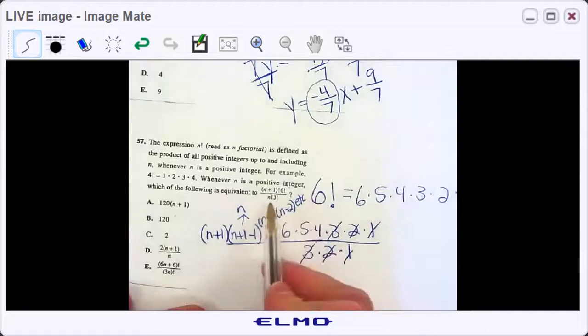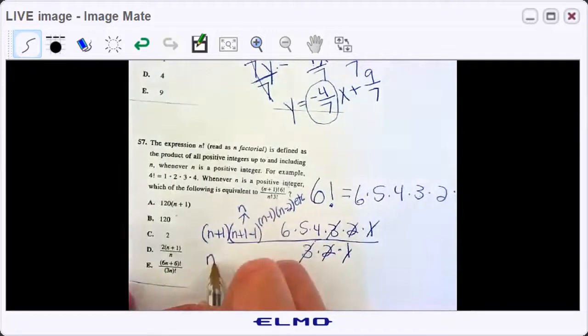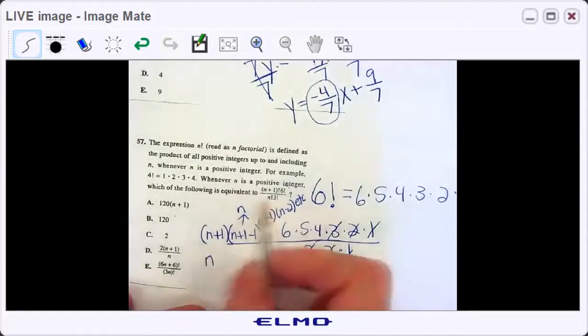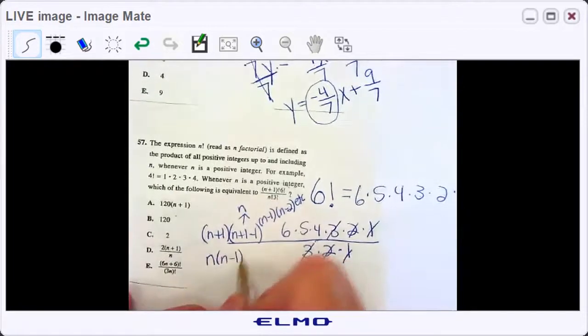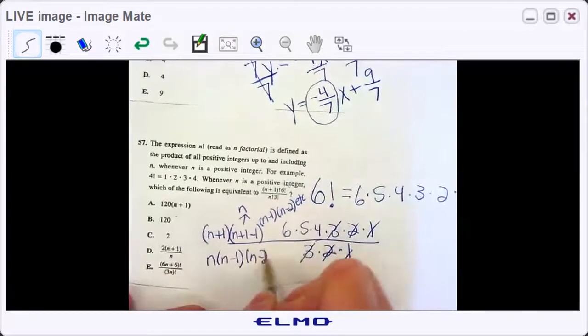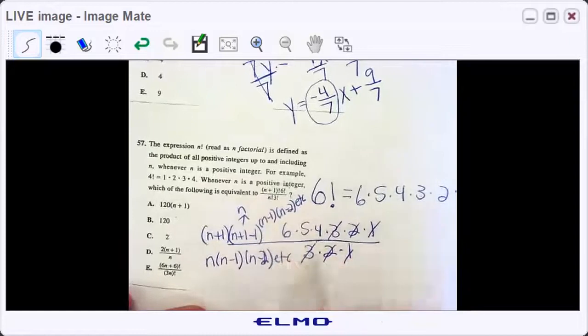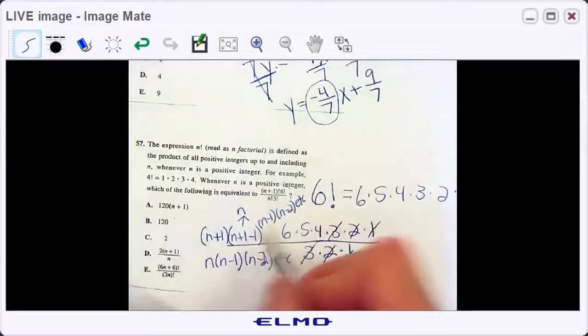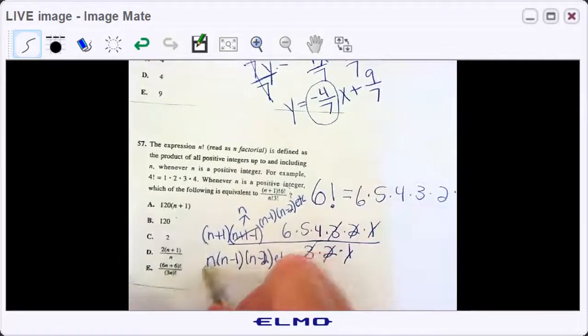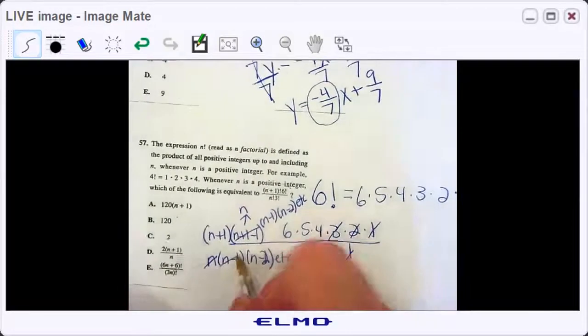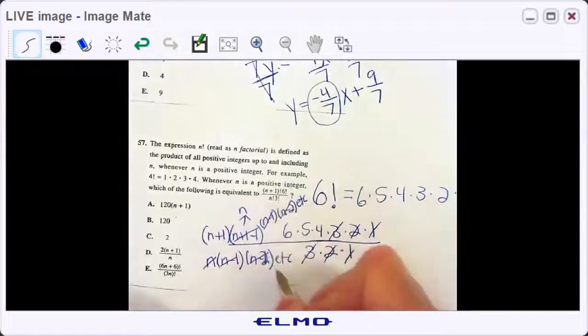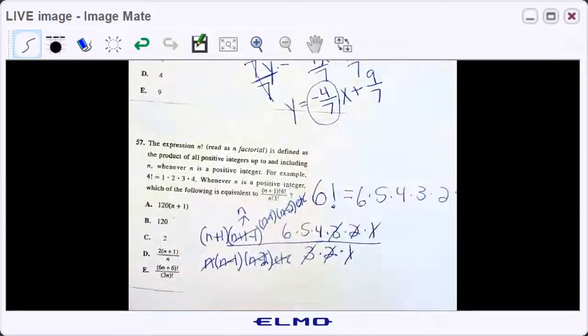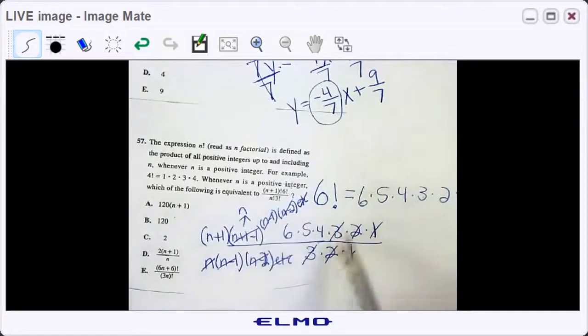Now, on the bottom, something very similar is happening. We have an n. N factorial means n times n minus 1 times n minus 2, etc., till you get all the way to 1. But again, if you notice, I've got the same thing in the top. I have an n in the top that can cross out this n. I have an n minus 1, an n minus 2, and all the other things behind it would cancel each other out, much like this canceled out over here.